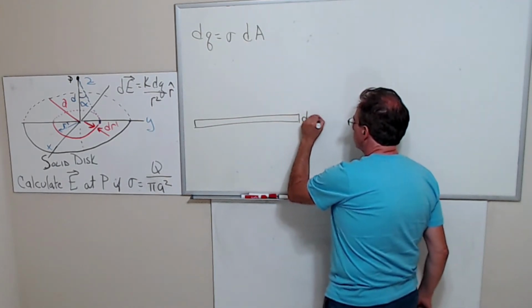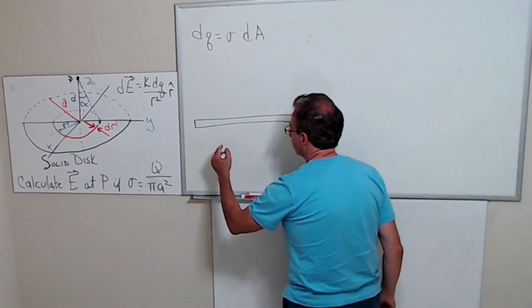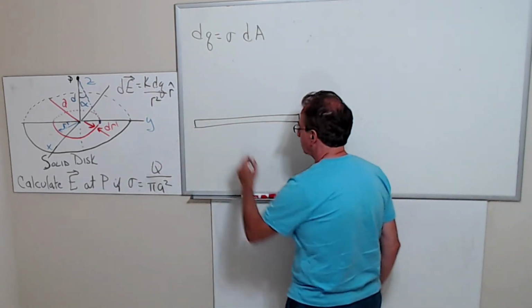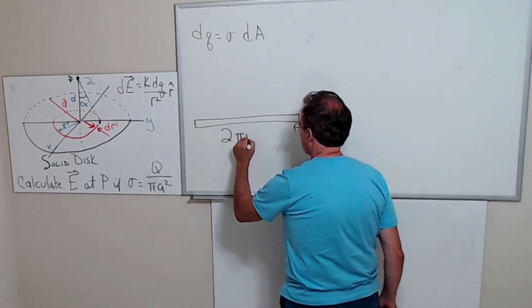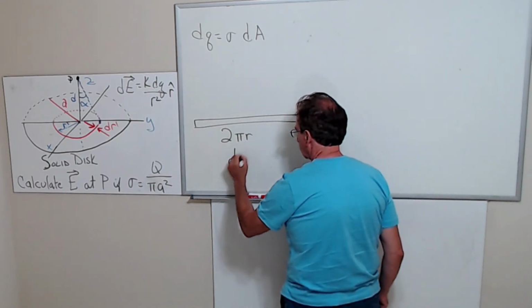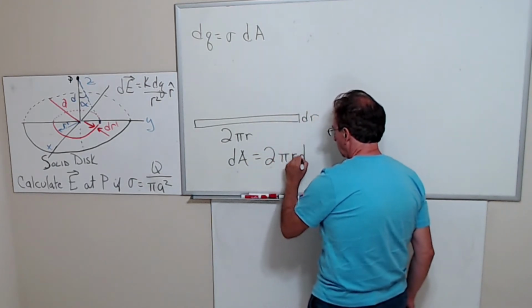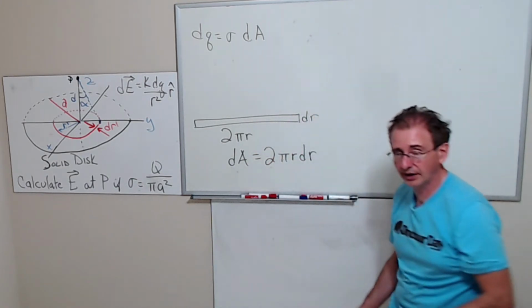The thickness of the strip is dr. The dr is exaggerated in my drawing. And then the length of it is the circumference of the red ring. And so the area is 2 pi r times dr. So this is the element dA. This is the area of my element.